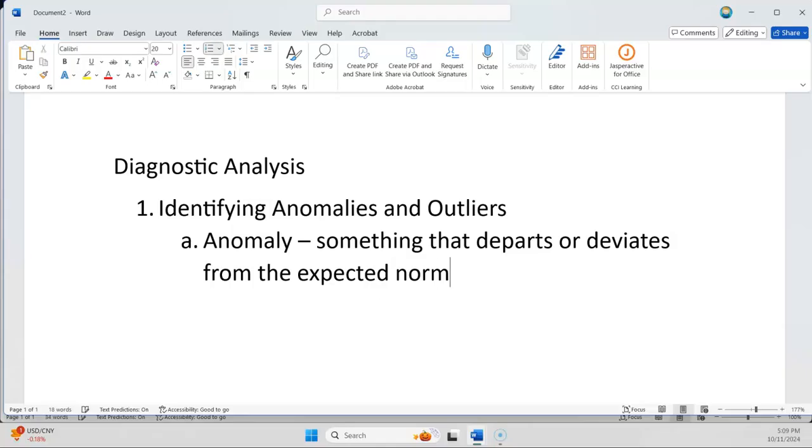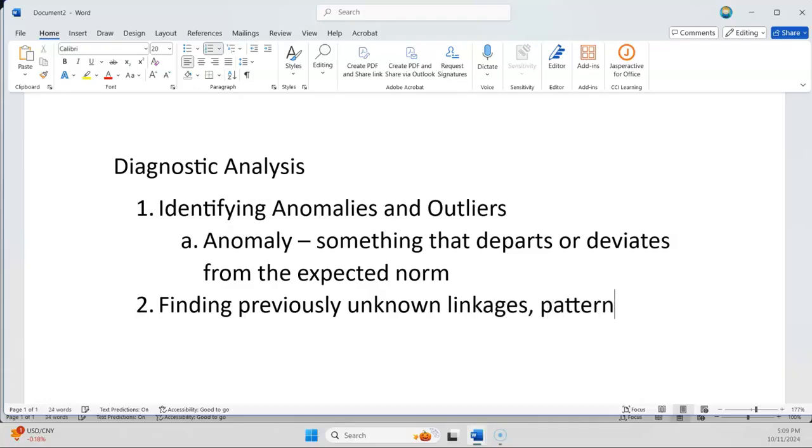So what else would you do with a diagnostic analysis? So diagnostic analysis is all about finding previously unknown linkages, patterns, and relationships between variables.